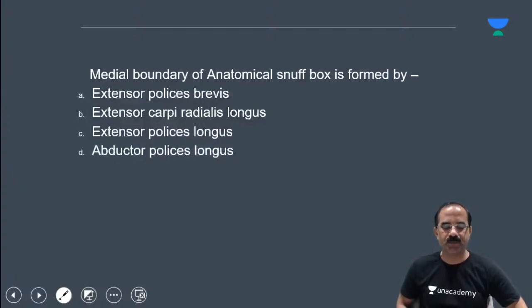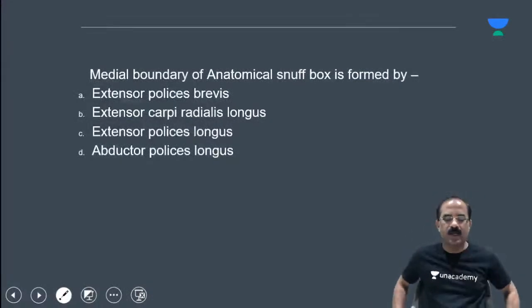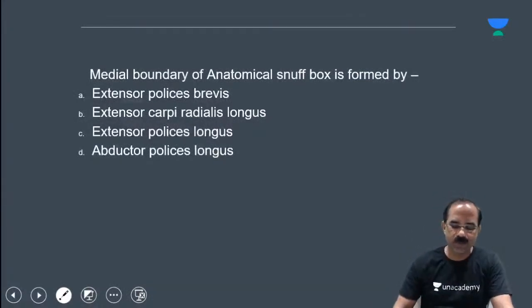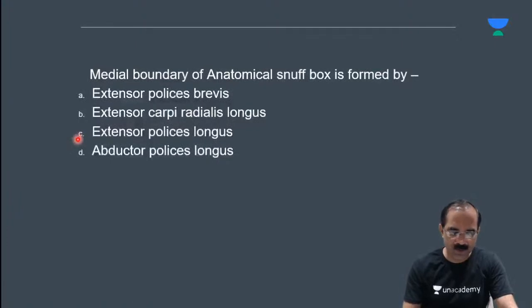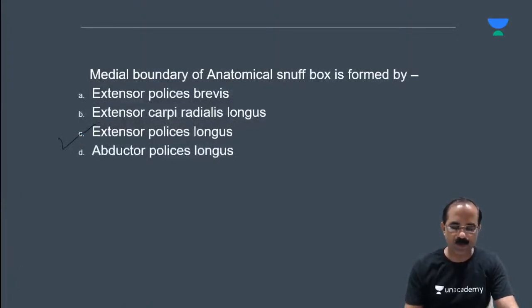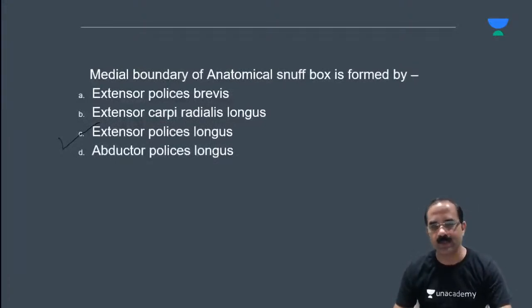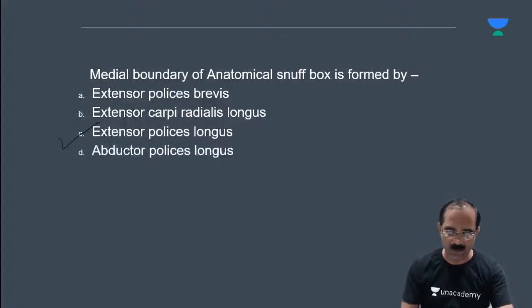Answer this. You can crack this MCQ. Come on, answer. Yes, very good, very good. Very good, Aisha. That's the extensor pollicis longus. Extensor pollicis longus is going to form the medial boundary of the anatomical snuff box. Medial boundary. Extensor pollicis longus.